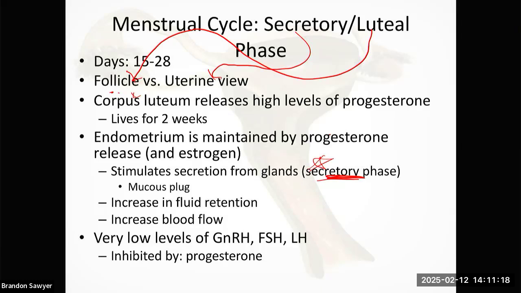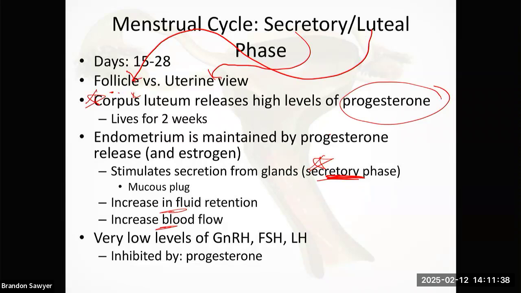The cervix gets plugged up with a big plug of mucus, and sometime leading up to delivery, that mucus plug comes out. Sometimes that can be a sign that labor is coming. And lots of fluid retention, lots of increased blood flow here. And then the corpus luteum is what's left of the follicle. It's releasing a lot of progesterone.